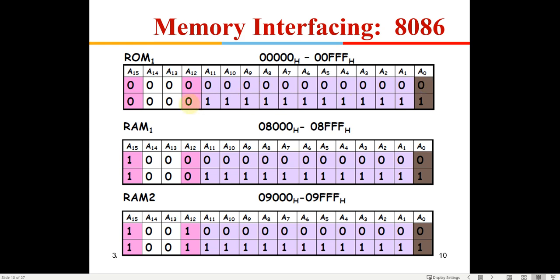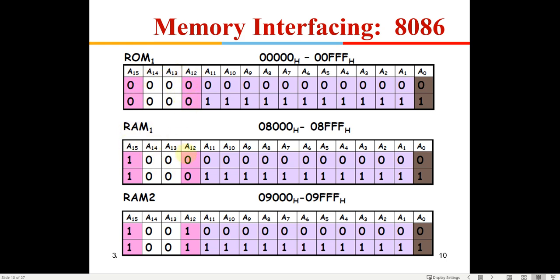10 bits is 1k, from A0 to A9. So this is 1k, 2k and 4k, which is from 000 to FFF. This is the total for the ROM 1 memory locations, and here we have placed all zeros for the rest of the bits. With this we have given a unique address to this ROM set.